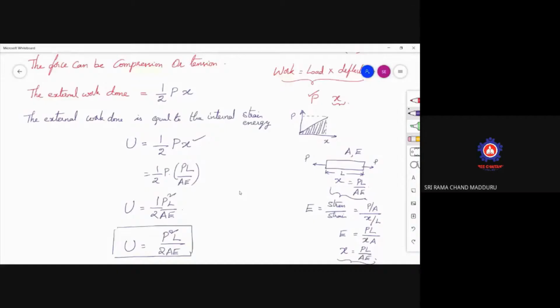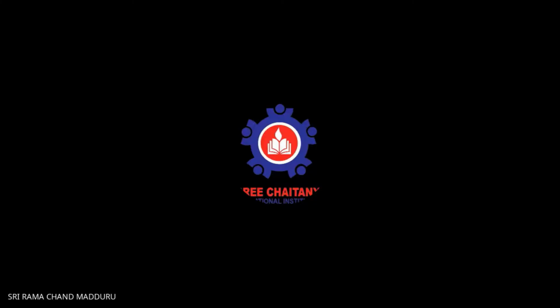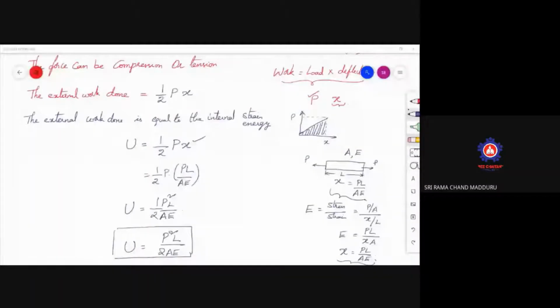What we have done here is first we calculated the external work done, and this external work done is equal to the internal strain energy. External work done is nothing but load into displacement.